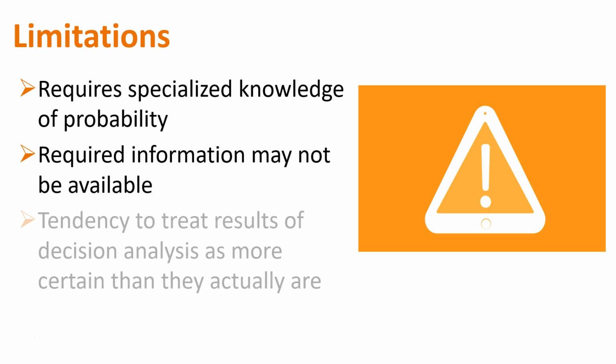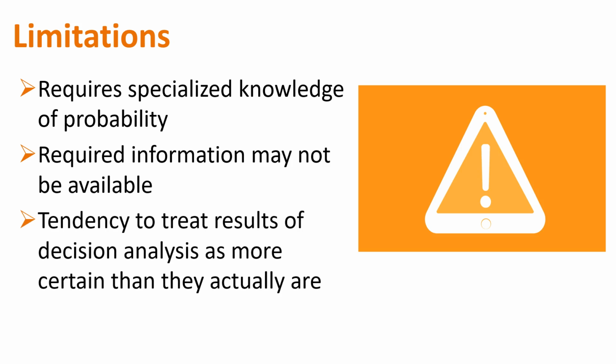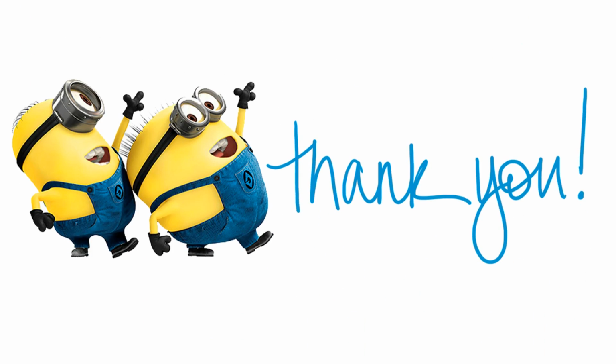And it only works if you have the right amount of information. If you're working with limited information, it's important to be honest about that. And just like all the other numerical metrics we've gone through, people can treat it as more certain than it is. Okay? Any questions about decision analysis?